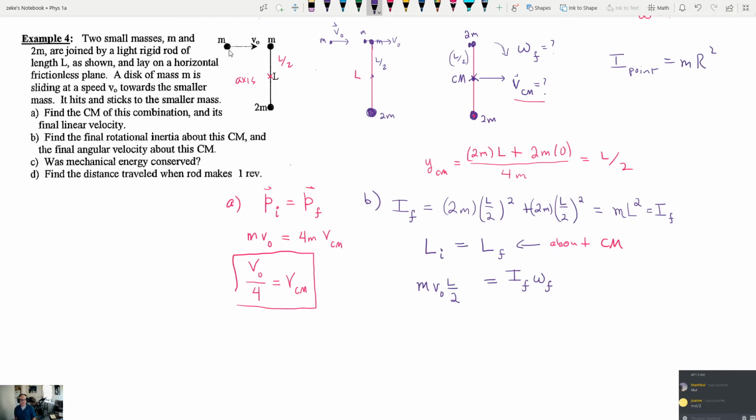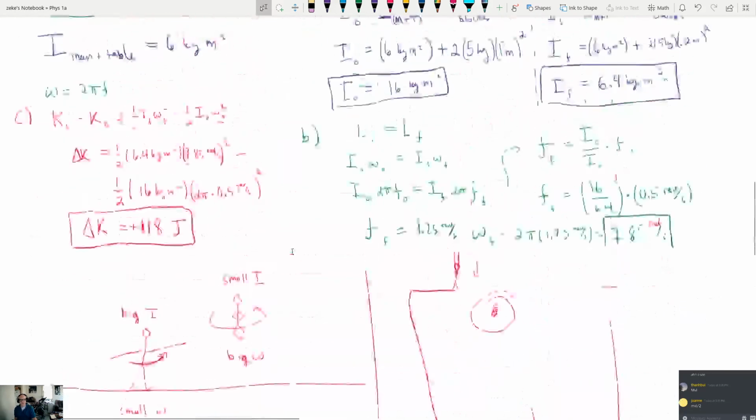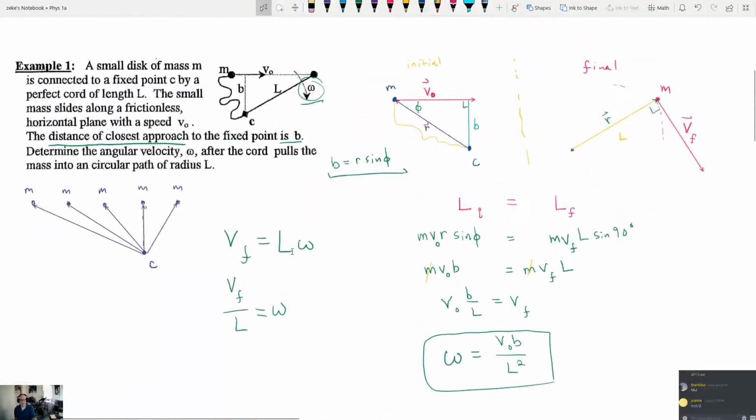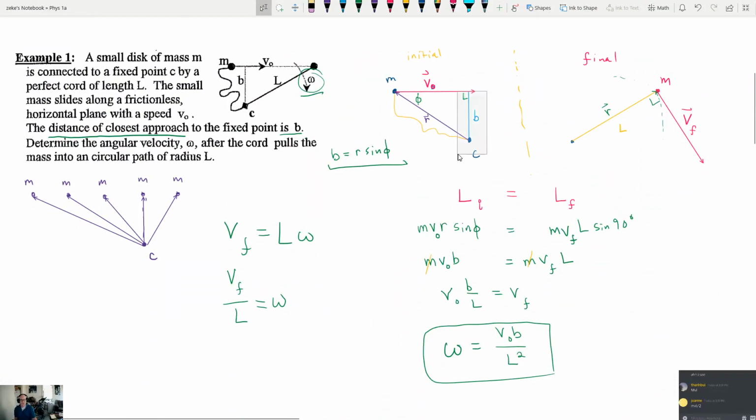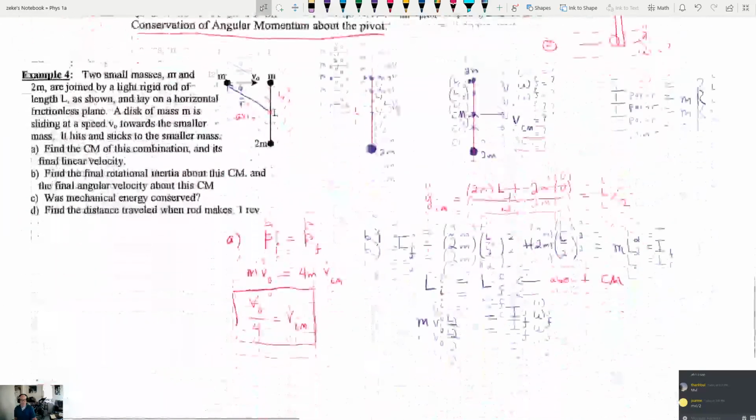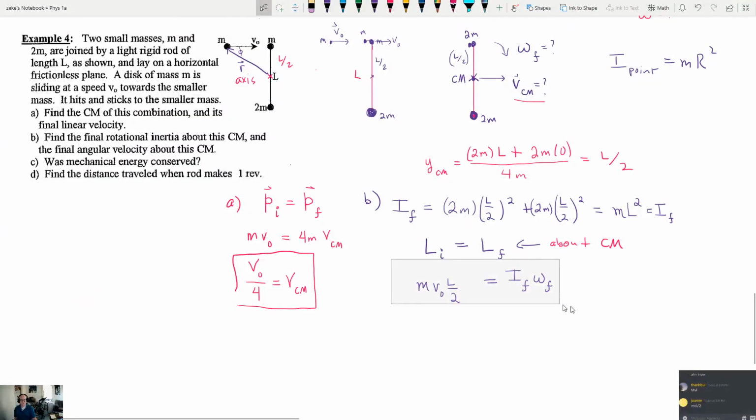But an important piece of this is the fact that if I were to draw a radius vector like this and put an angle phi in here, what we saw in the first problem we did was that r sine phi was a constant. In this case, it's L over 2. In the first problem we did, it was b, right? Yeah. This quantity b is constant. The distance of closest approach is going to be constant. So that's why we use that in this case too. So that's our expression, and we're going to do some math now. Are there any other questions?